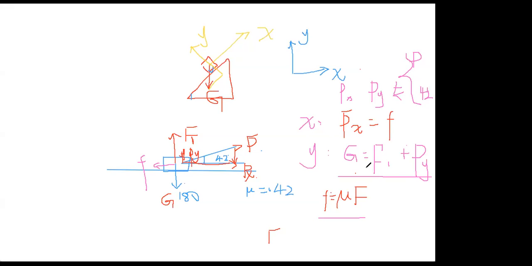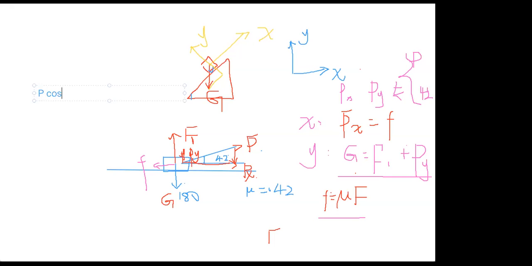So it's P cosine 42, which is Px, equal to mu, then bracket mg minus P sine 42. Oh, you're saying mu bracket mg minus p sine 42, right?